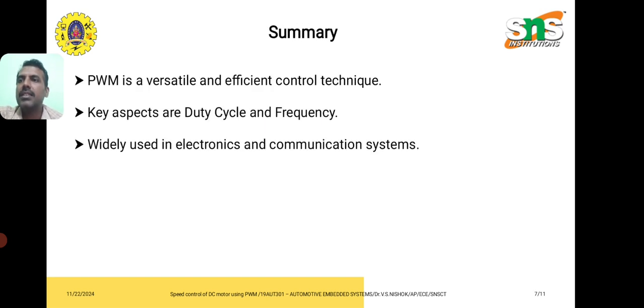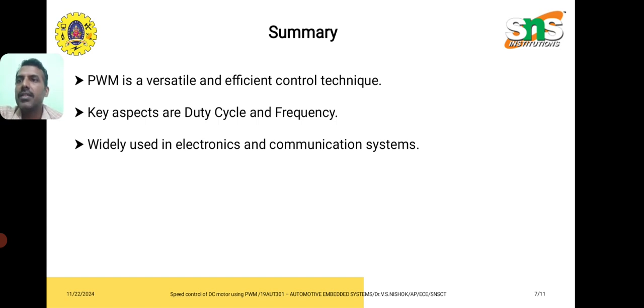Summarizing these topics, until now we have seen what pulse width modulation is and the main points to consider, the duty cycle and the frequency. These are the two main features. We have also seen the advantages and applications of pulse width modulation, and the best example waveforms based on the duty cycle.